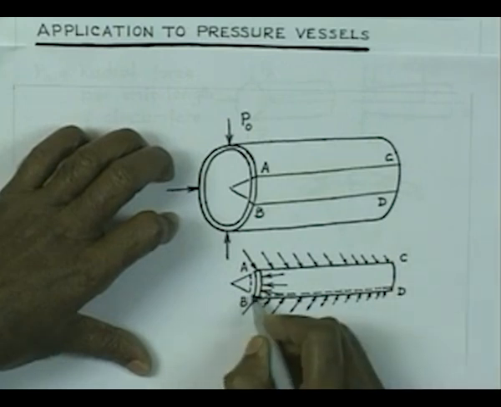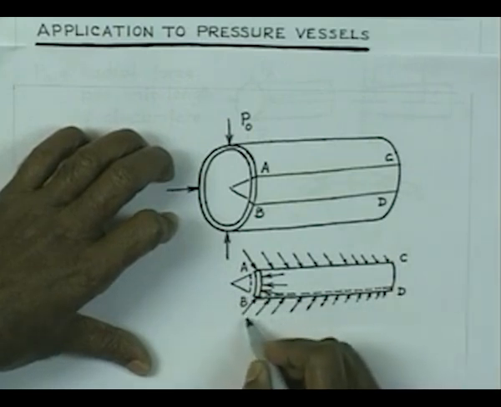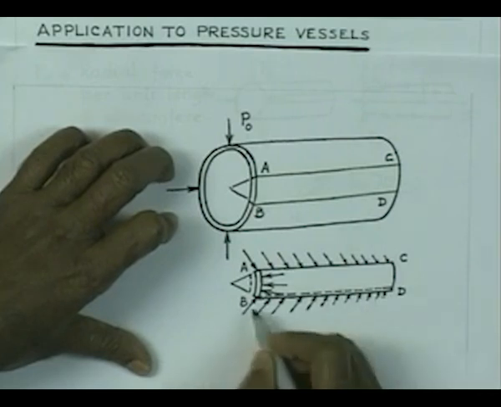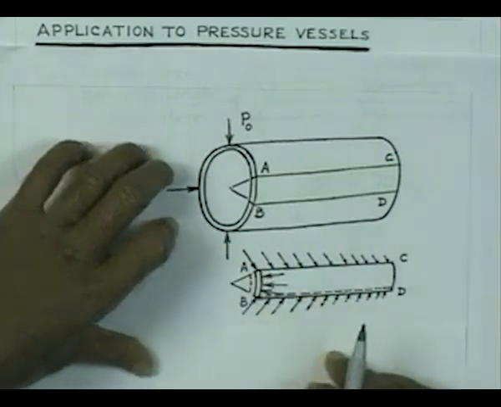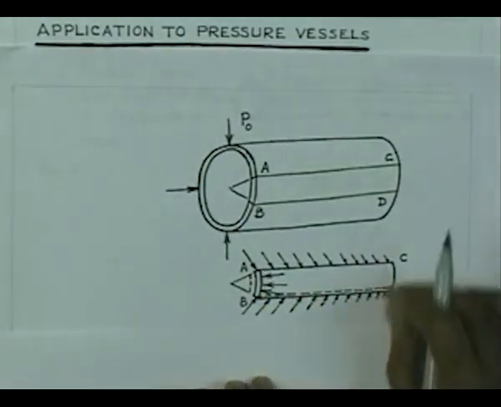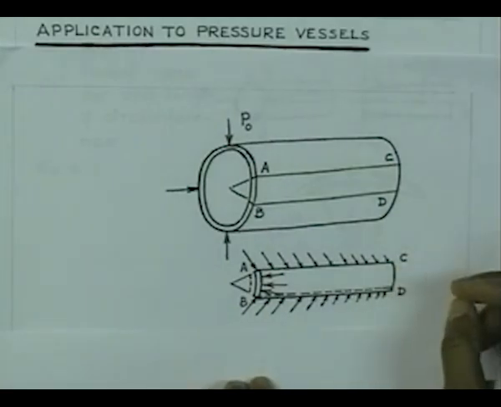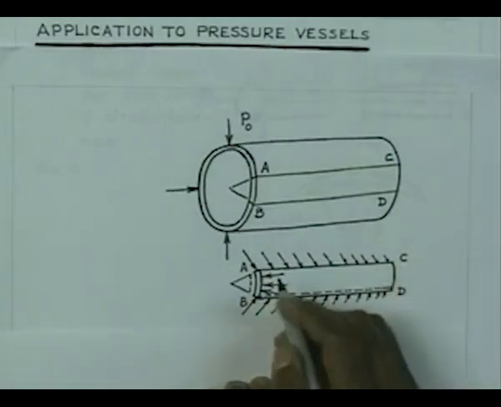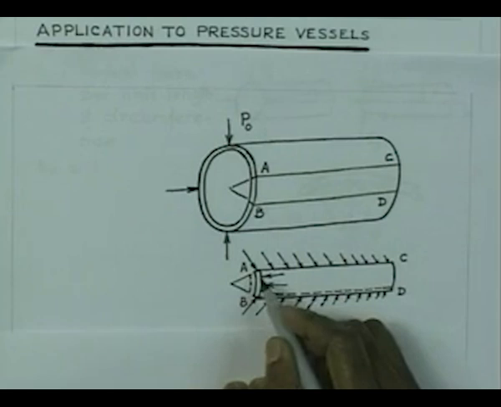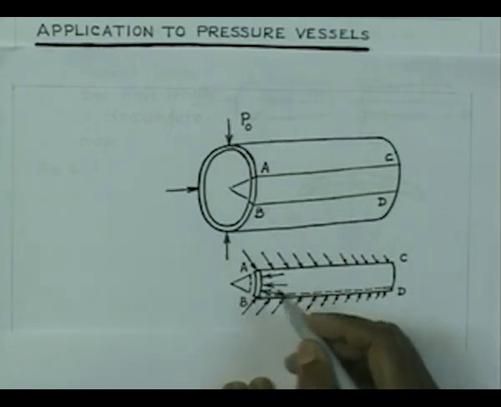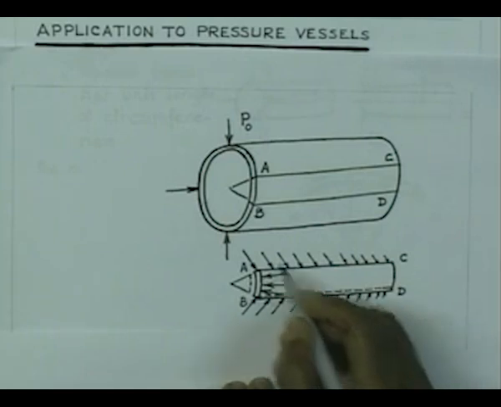and this movement will certainly be resisted by internal forces which are going to develop on this edge and also on this edge. So, when you try to think of this dimension CD very small, you have now a case of a beam which is going to be opposed from deflecting by these forces.